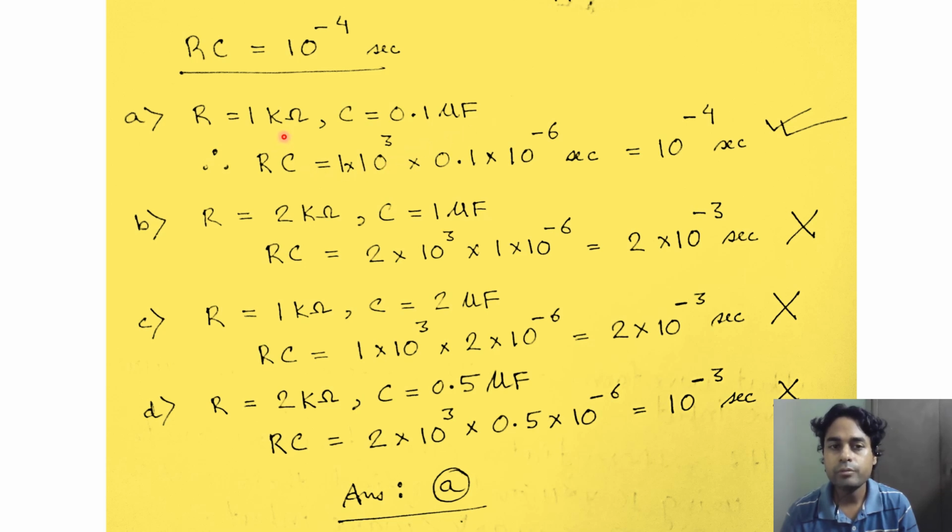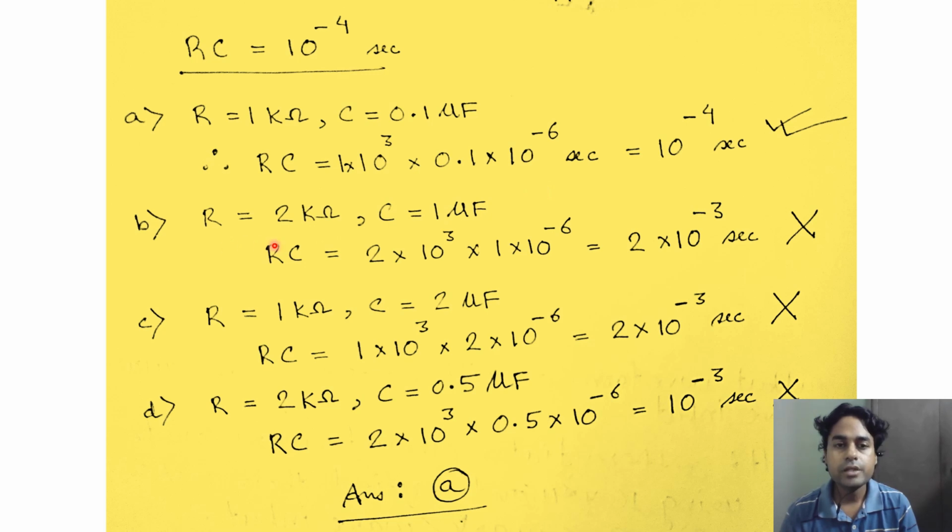If we break them down to their basic units, we find that RC comes out to be 10^-4 seconds, and this exactly matches the information provided in the question. So if we choose R to be 1 kilo ohm and C to be 0.1 microfarad, the cutoff frequency will be 10^4 radians per second.